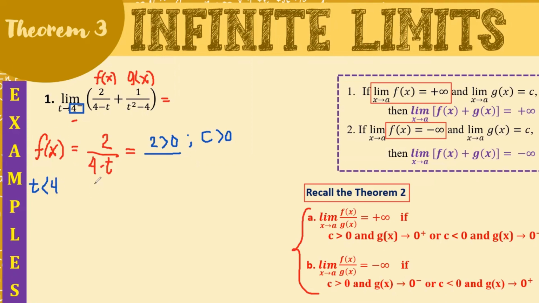Sige daw, give me numbers that are decreasingly equal to 4. Decreasingly, or less than 4. So, let's have, x sub 1, we have what numbers? Sabihin na natin 3. What else? 0. Okay, 0 will do.